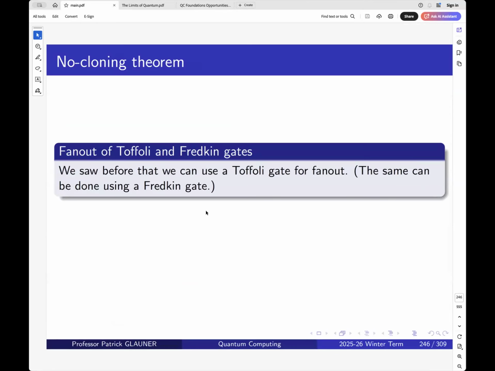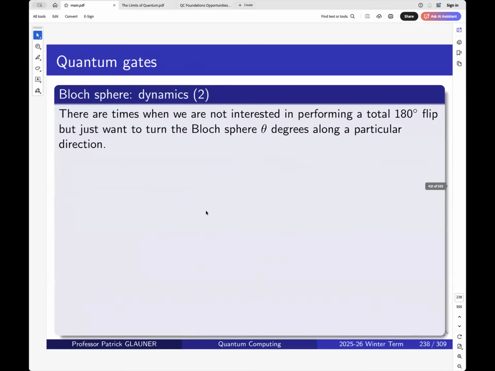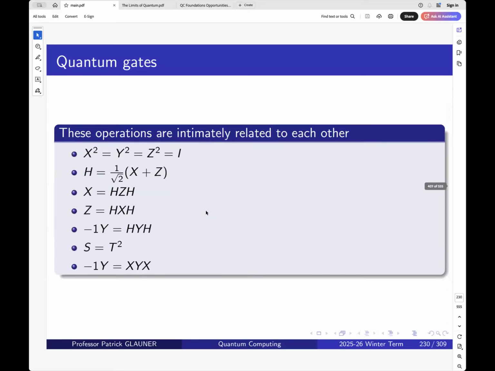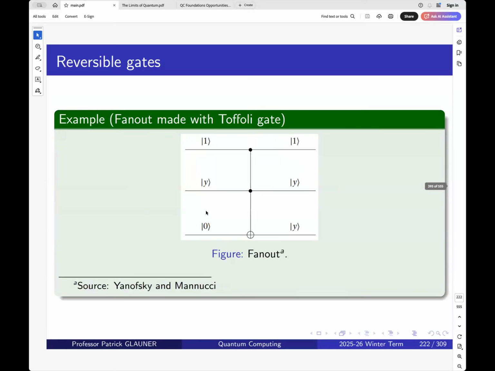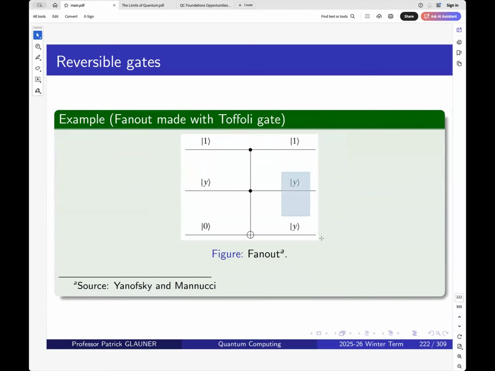Now, when we looked at the Toffoli gate last week, and I'm just going back like 20 or 30 slides, we saw that we can use the Toffoli gate for a fan out, that we copy Y. This only works for binary states, so for classic logic.